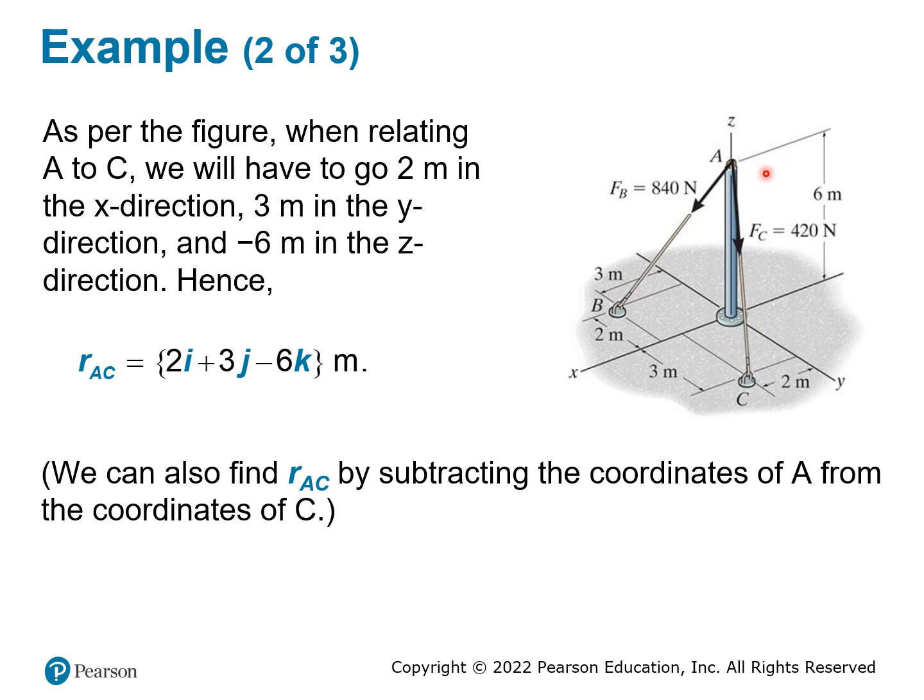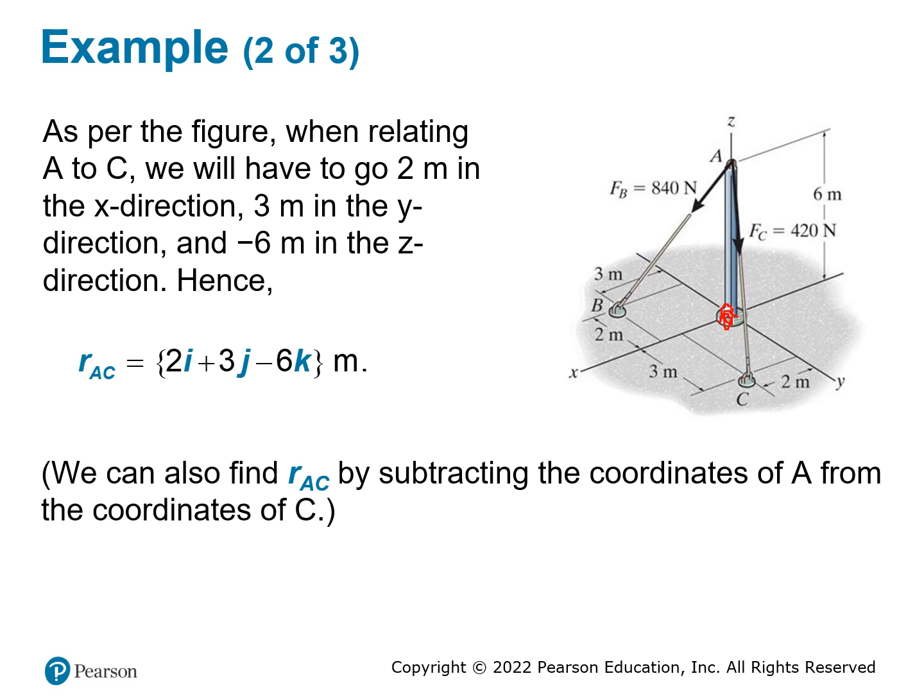All right, so let's work on this one. First, to find the position vector from A to C, we use point C minus point A. Let's assume the origin is at the bottom here. This is our origin.